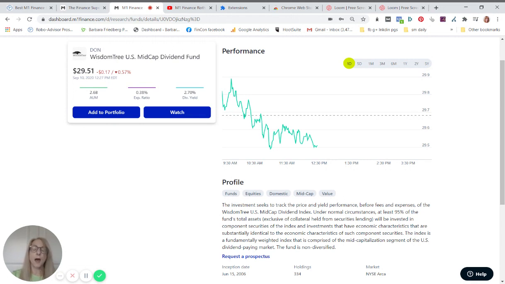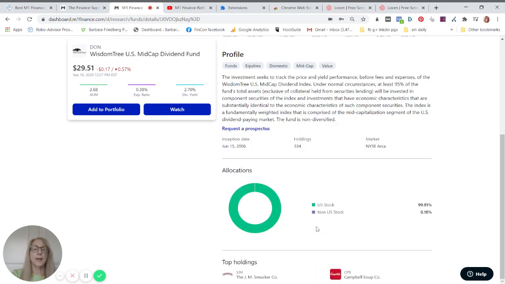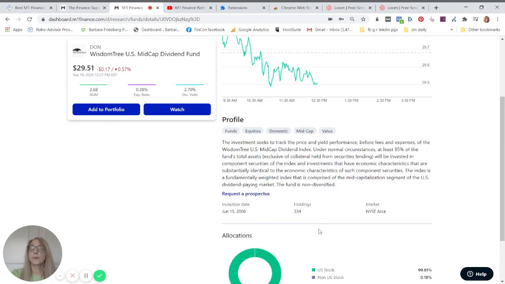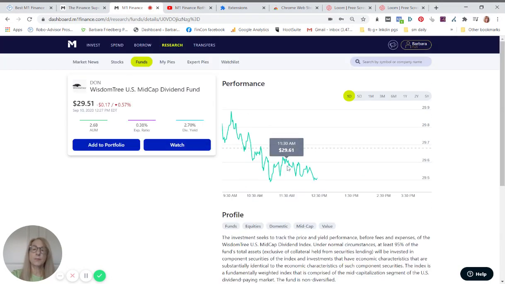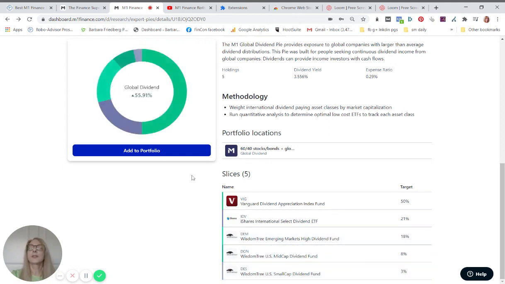And these are U.S. companies, and they have a reasonably nice opportunity to grow. And also they give you a 2.7% dividend yield, which is pretty good when you consider interest rates are so low right now. And the final holding is the WisdomTree Small Cap. And there's just a small allocation to that.